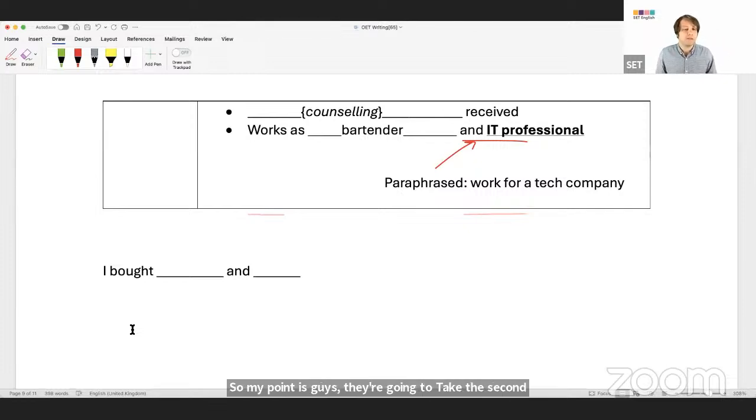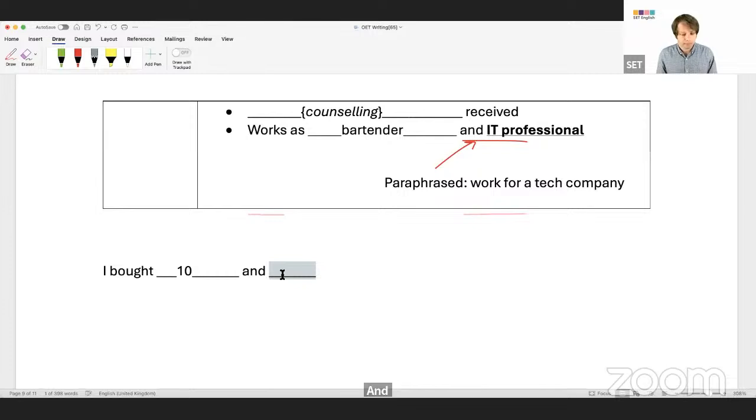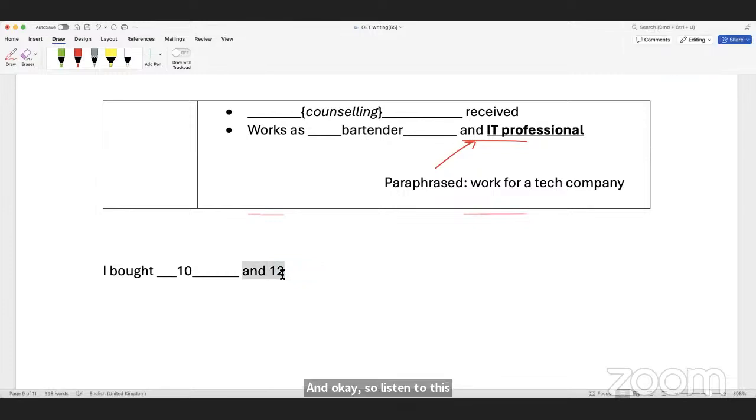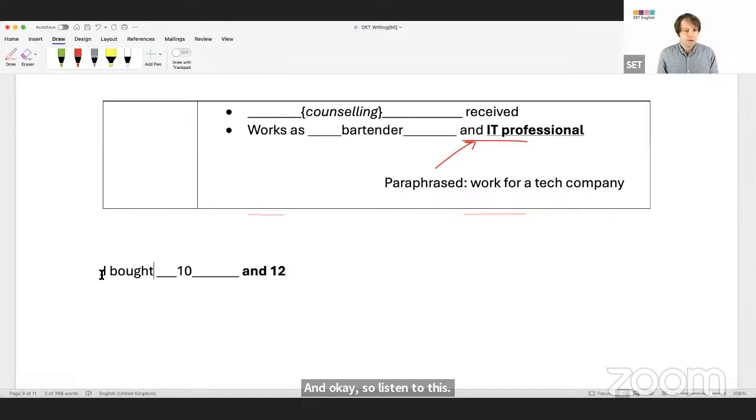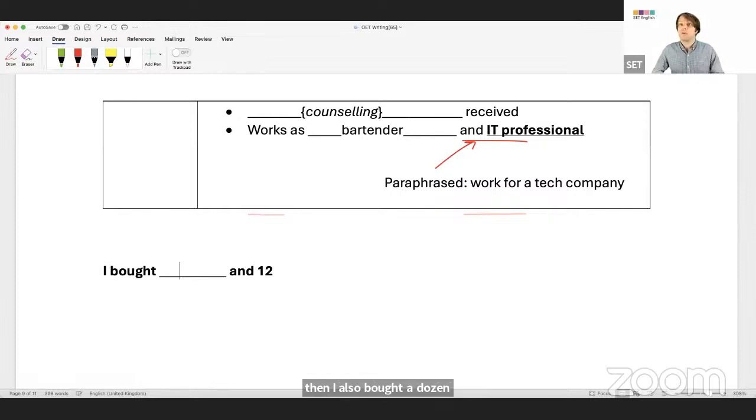Okay, what are the two answers? 10 and dozen. Now, what does dozen mean? 12. So imagine in your exam you see this. I bought, and you've got blank now, right? So, okay, on the weekend I bought 7 and also a dozen.